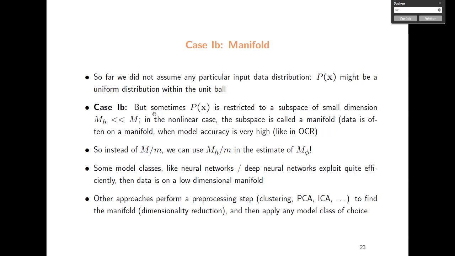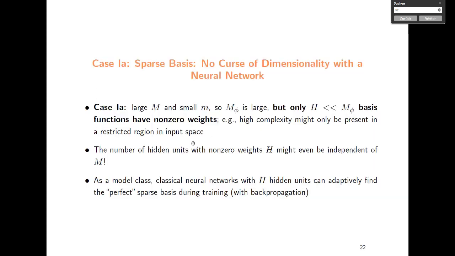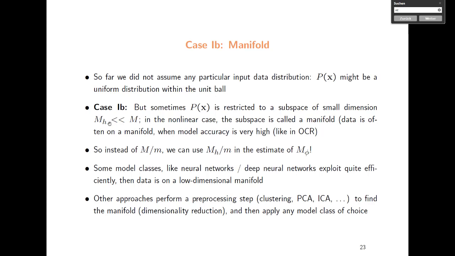So now it's more mh, which might be much smaller than m, the dimensionality of the manifold, which we call mh. And in this case, we can maybe replace m by mh divided by m. And since mh, the dimensionality of the submanifold, is much smaller than the number of inputs, we get maybe a much better behavior.